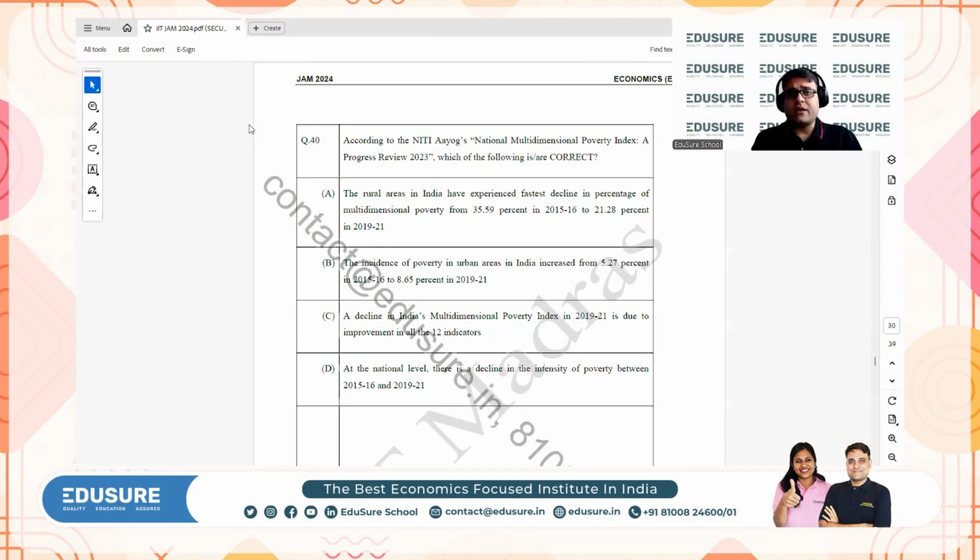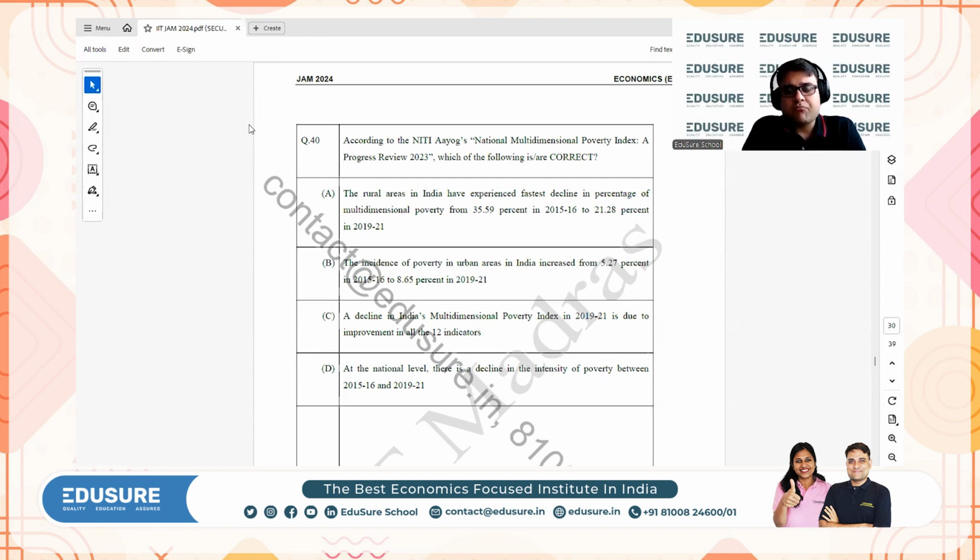This is JAM 2024, question number 40. According to Niti Aayog, National Multi-Dimensional Poverty Index, a Progress Review 2023, which of the following is correct? So let's take a look at each of the options individually. Option A: the rural areas in India have experienced a faster decline than the urban areas. Yes, definitely.